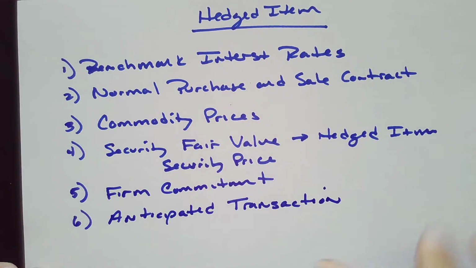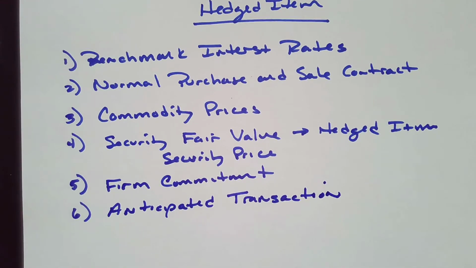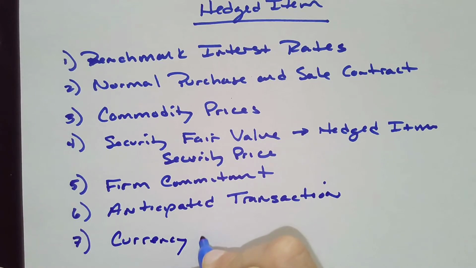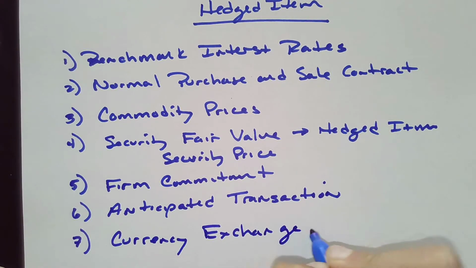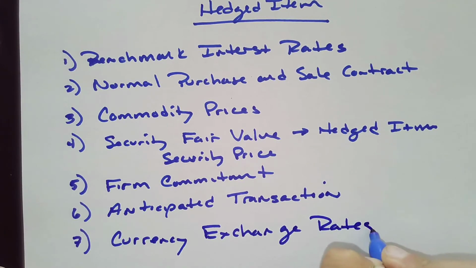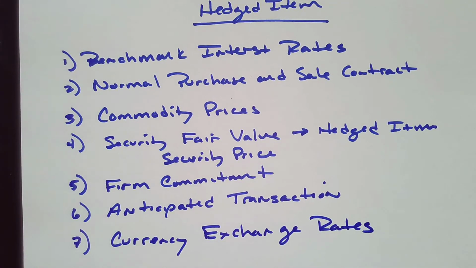We're thinking about buying something in the future. We haven't actually bought it, but we're thinking about buying something in the future. This can also be the hedged item. Any kind of foreign currency risk, currency exchange rates, can be the hedged item.